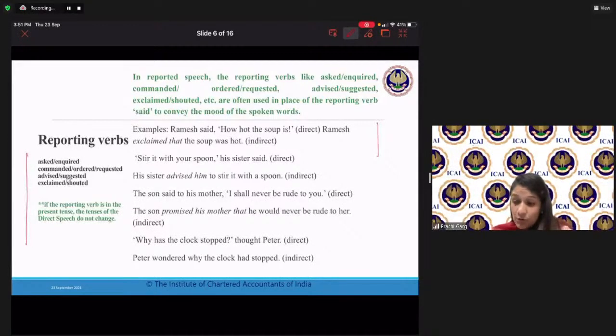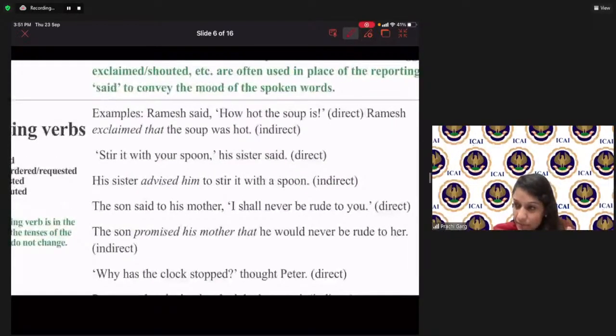Ramesh said how hot the soup is. Now, this is an exaggerated expression. So we will say, Ramesh exclaimed that the soup was hot. Okay. Yes, you will remove how, you will remove the exclamatory mark. The soup will come in front and was hot.